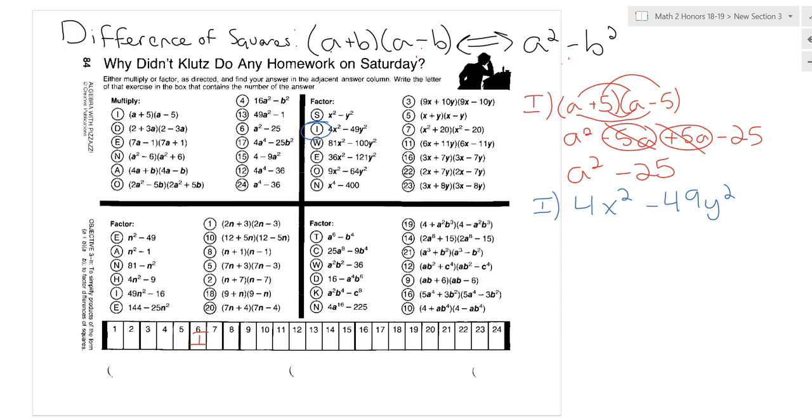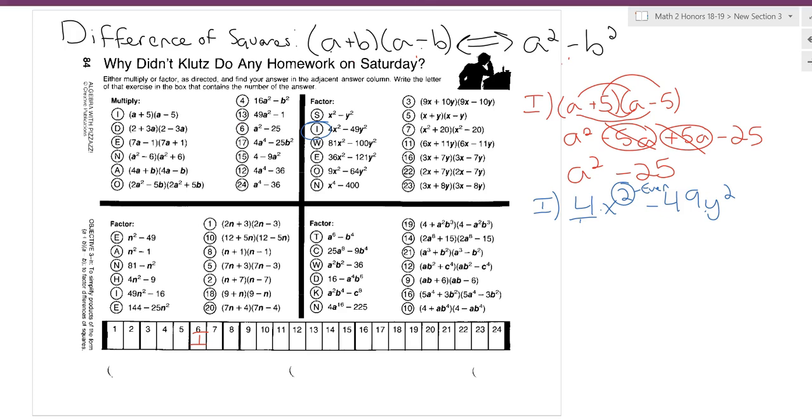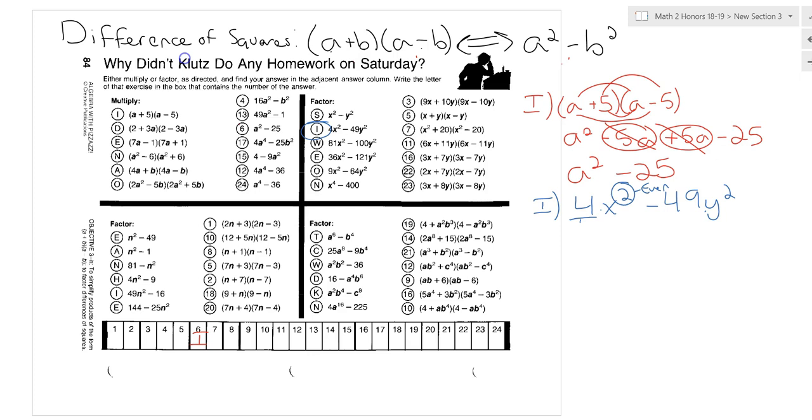I have a difference of squares if this is a perfect square and this is a perfect square. I know this is a perfect square because 4 is, and the exponent 2 is even. As long as the exponent is even, then it's a perfect square. This number actually has to be a perfect square. Okay? So then all you're doing is taking the square root.